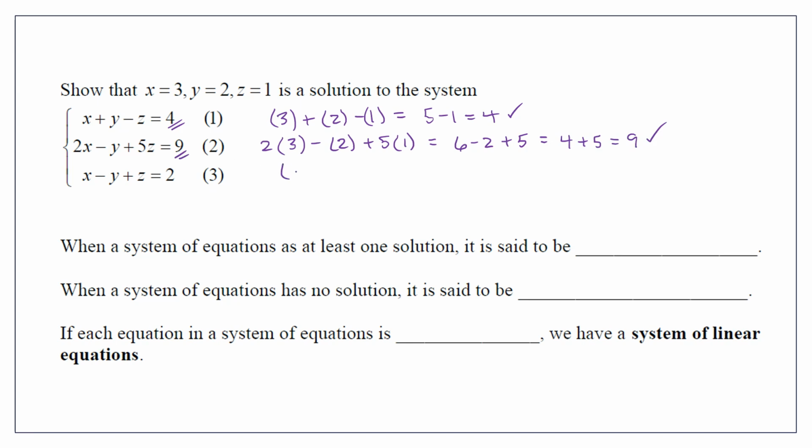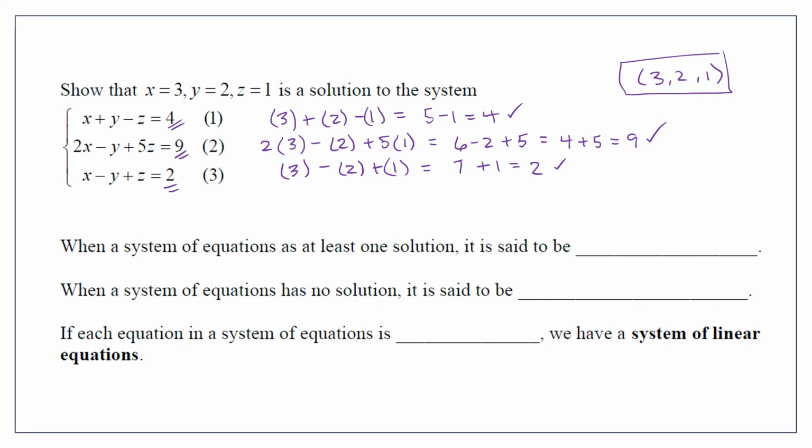Then the last one, we have 3 minus 2 plus 1. So that is 1 plus 1, which equals 2, and that is also the same. So we know this triple ordered pair (3, 2, 1) is a solution to our system.